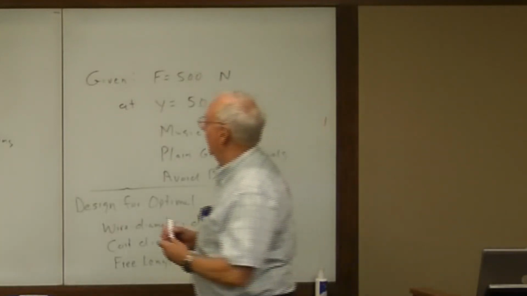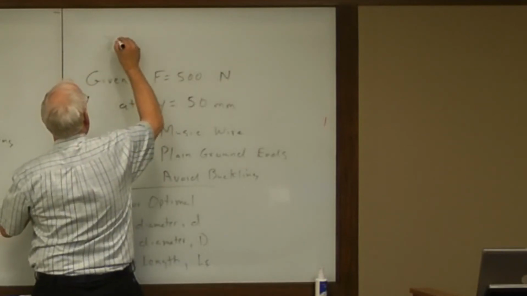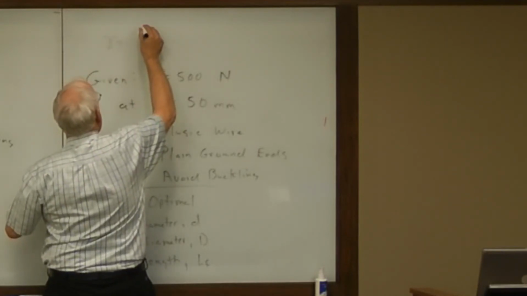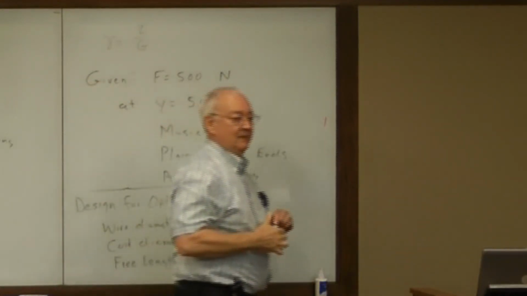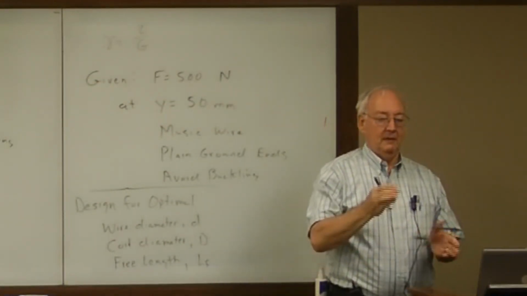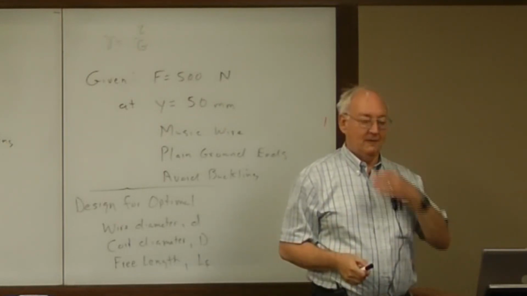The Hooke's law part of this is that gamma is shear stress over G, where gamma is shear strain and tau is shear stress.